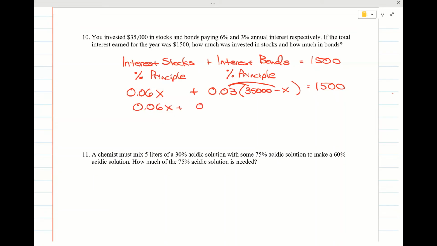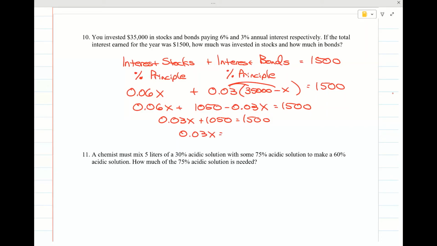And 3% times 35,000 is 1050 minus 0.03x. Combine like terms. And let's solve for x.